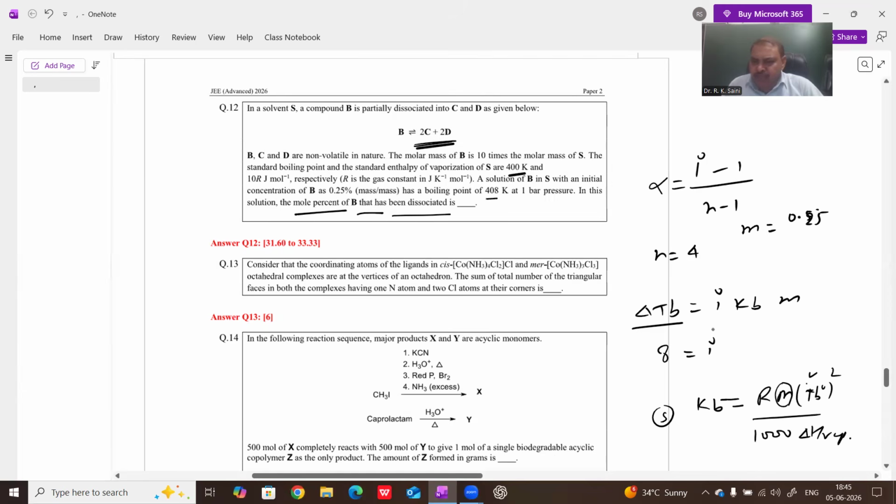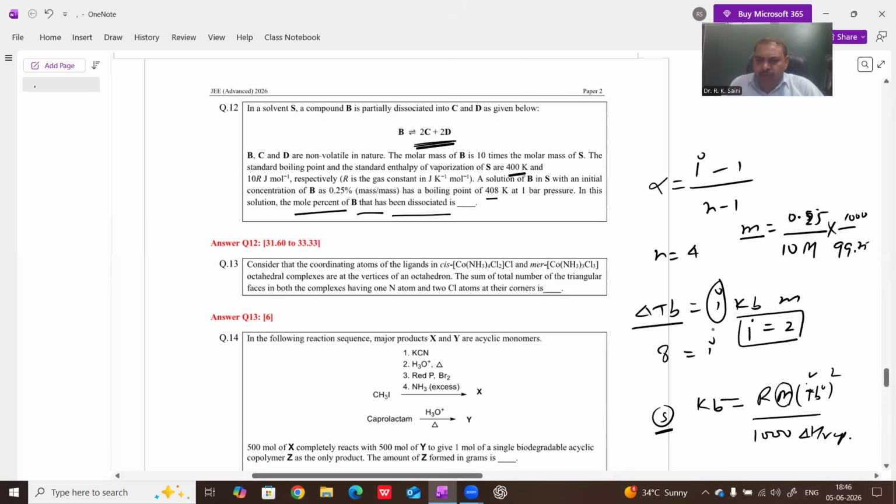0.25 gram. Its molar mass is 10 times of the molar mass of solvent given in this question. Therefore, 10 M. And the mass of solvent is 99.75 gram. We put these values in this equation. Then we find i, and i of this solution is 2.